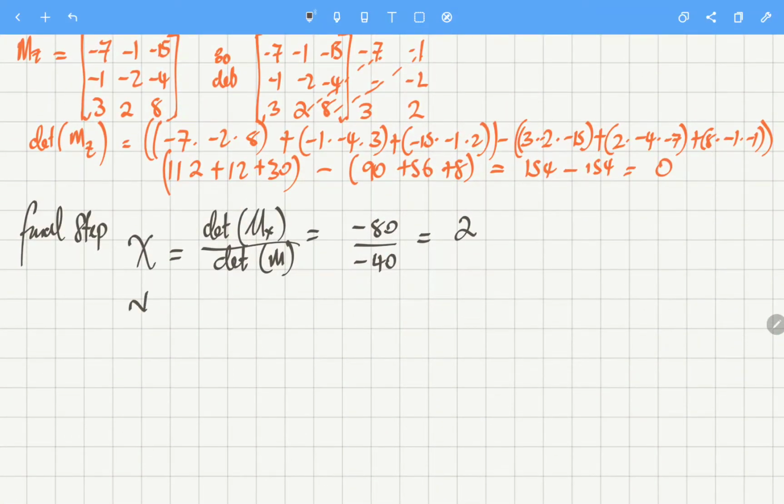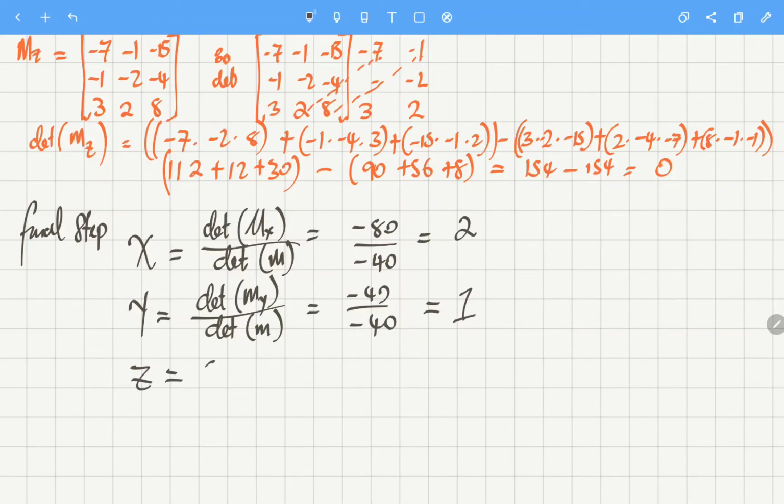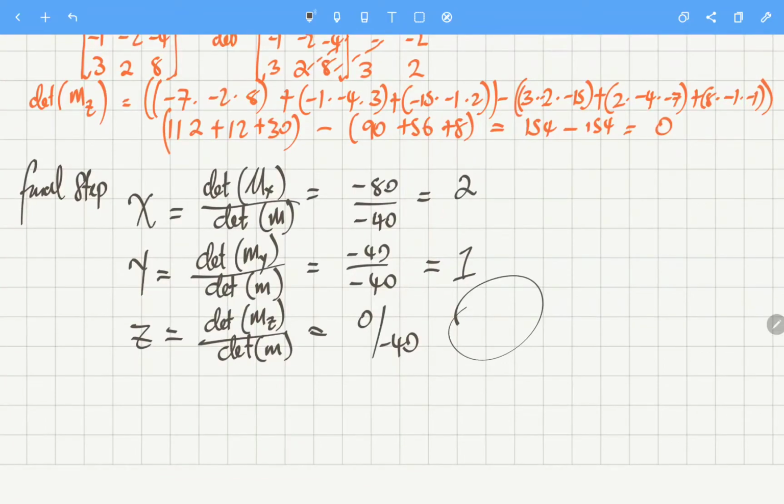And then y equals the determinant of my divided by the determinant of m, which is minus 40 divided by minus 40, equal to 1. And then the last one, the determinant of mz over the determinant of m. Obviously that's going to be a big 0. Okay, so those are the values of the system of equations.